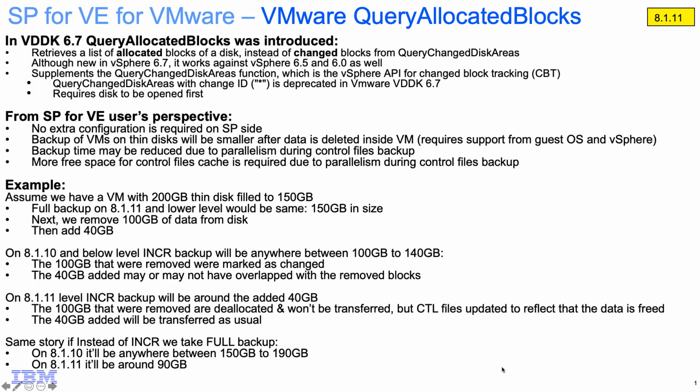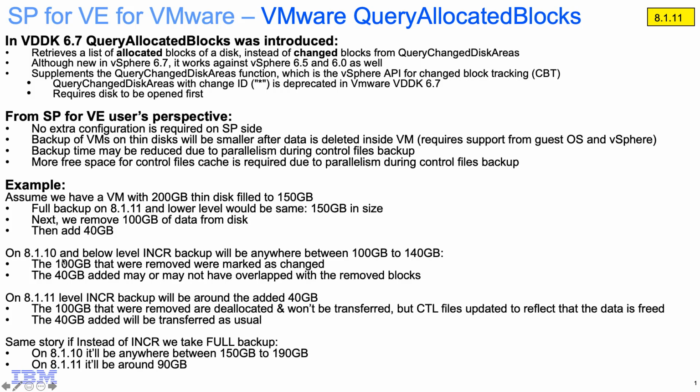But here we have a VM that has a 200 gigabyte thin disk that has 150 gig used. And then we went in there and removed 100 gigabyte of data from the disk and added 40. And here you can see a change from the amount of data that is backed up in 8.1.10 and 8.1.11.